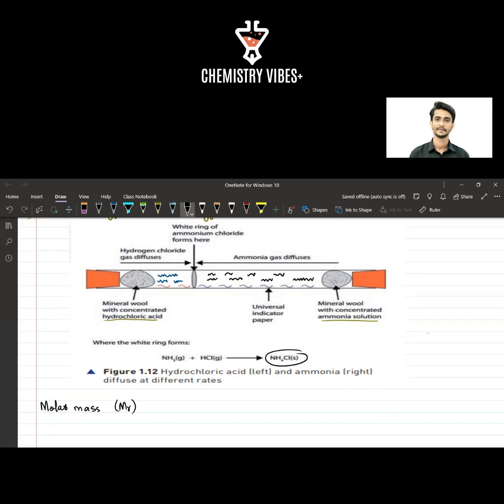The rate of diffusion of any gas is inversely proportional to the Mr of the gas.